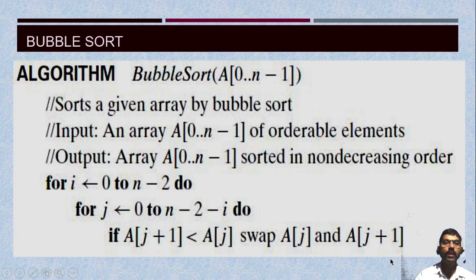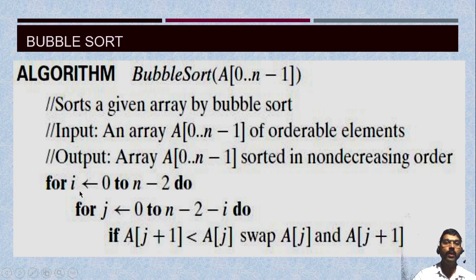Now how does this algorithm actually work? This is called the bubble sort algorithm, which will take an array as the input of size n. Once this bubble sort is done, the output will be a sorted array in non-decreasing order.